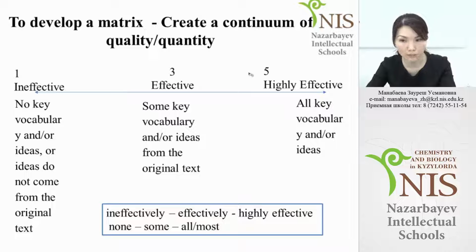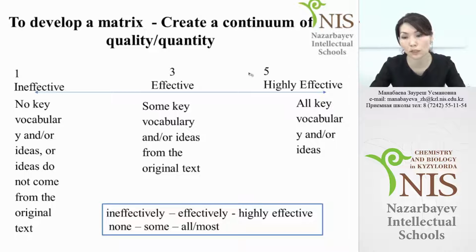Number 3, the middle point, is effective. So here the students have used some key vocabulary or key ideas from the original text. And number 5 is highly effective.